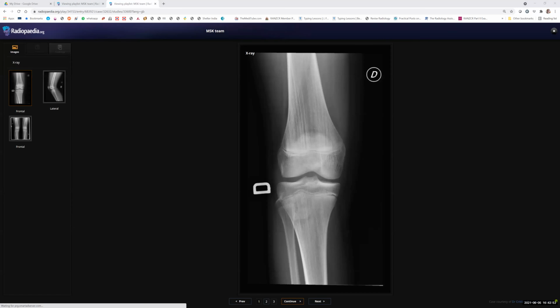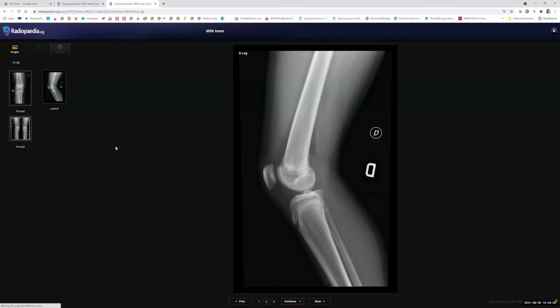This is someone who presented with heel pain. I can see that there is a sclerotic lesion with a lucent lesion in the lateral aspect of the tibia and the metaphysis of the tibia.